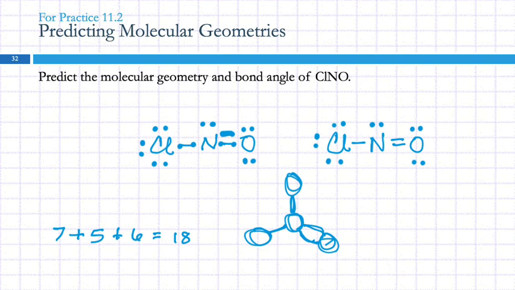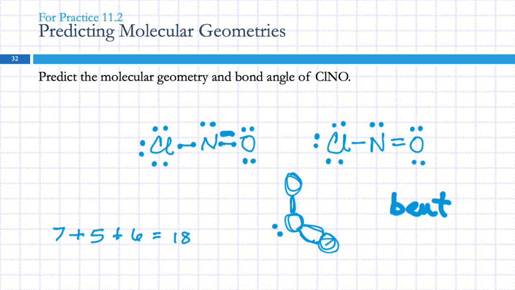So the molecular geometry, oh wait a minute, there's a lone pair. So I made balloons, and now I need to make one invisible. That one's invisible, that's the lone pair. Is that considered bent? Yeah, so this will be considered bent.